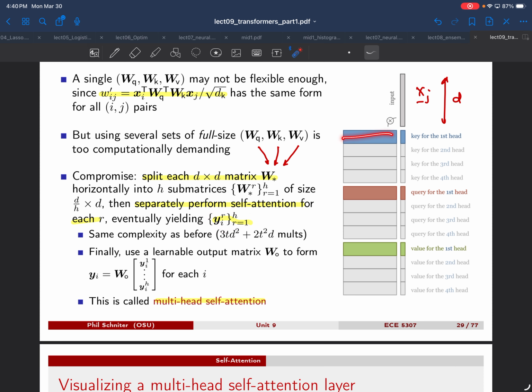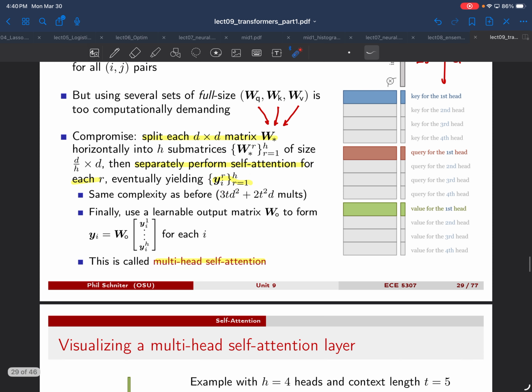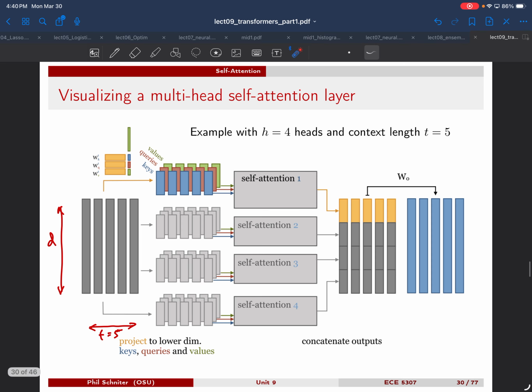After you do the transformation, you chop it into H heads, which in this picture is 4. So this would be head 1, head 2, head 3, head 4. This is standard attention, but all the embeddings are now a quarter of the size of the original ones. And then once you're done, you stack your outputs. Now you have something of the original size and length, and then one last transformation gets you to the final output for this layer.